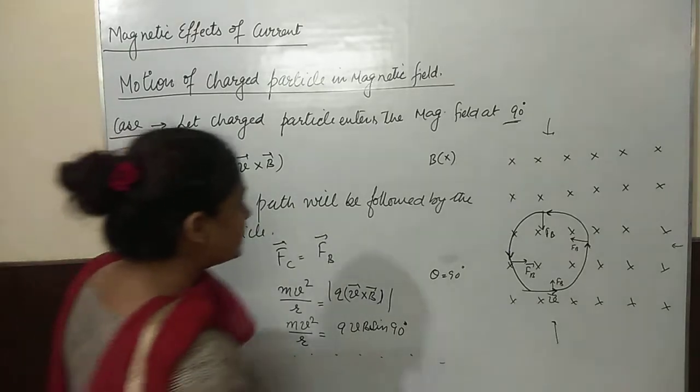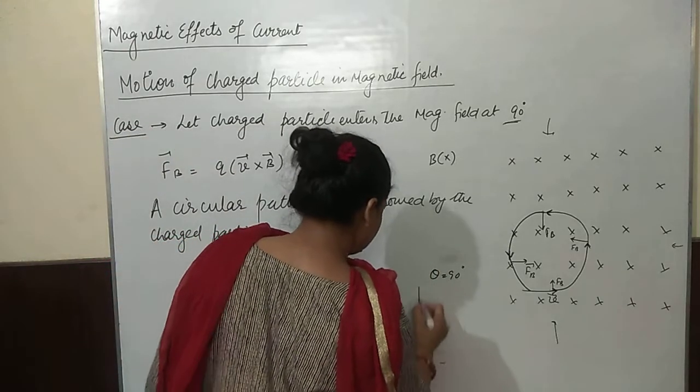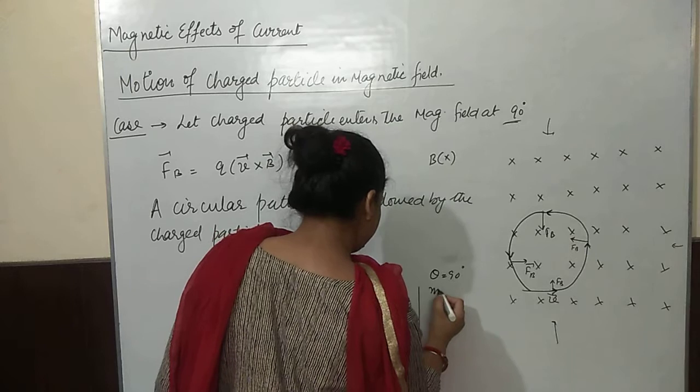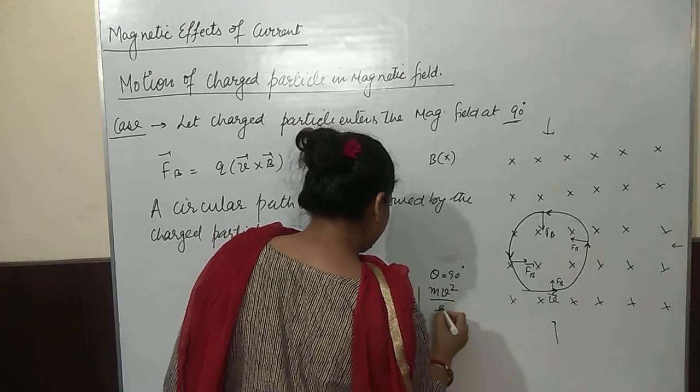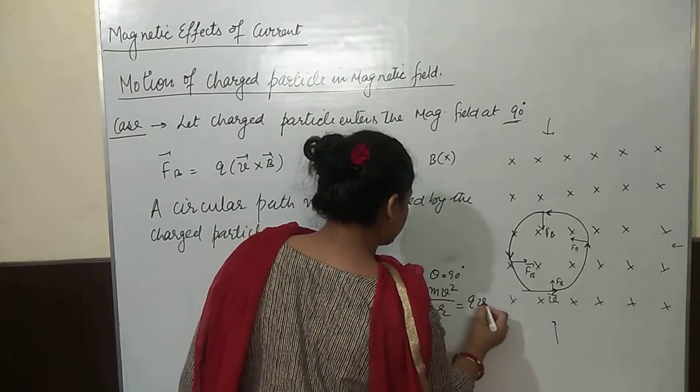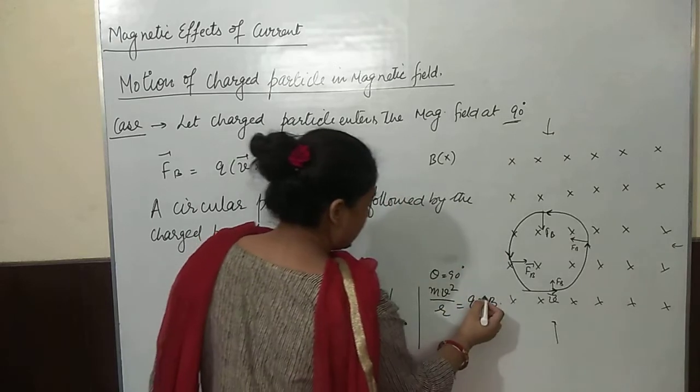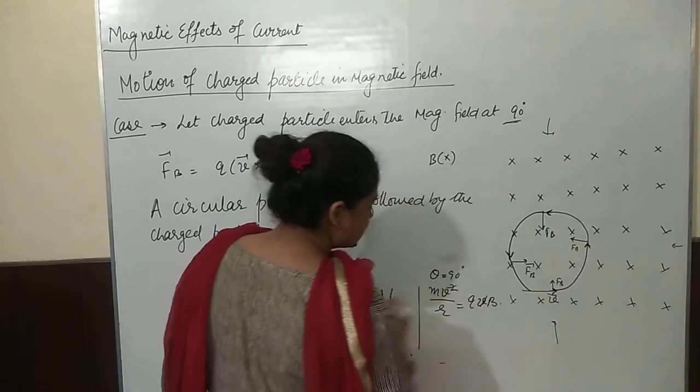So we can write this as mv²/r = qvB. One v is going to get cancelled.